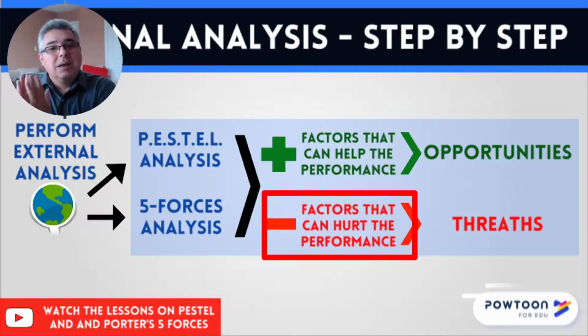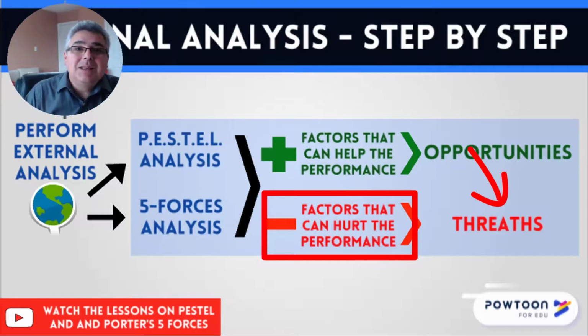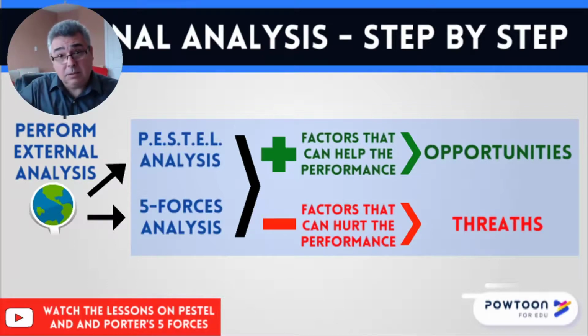Again, it is an analytical process. Don't go direct to opportunities. Use techniques such as PESTLE analysis and five force to get to the conclusion that you have opportunities and threats.